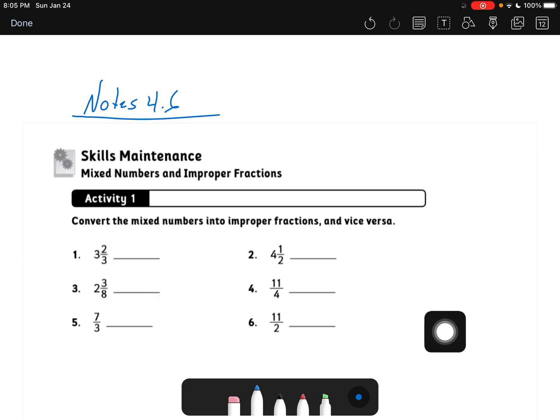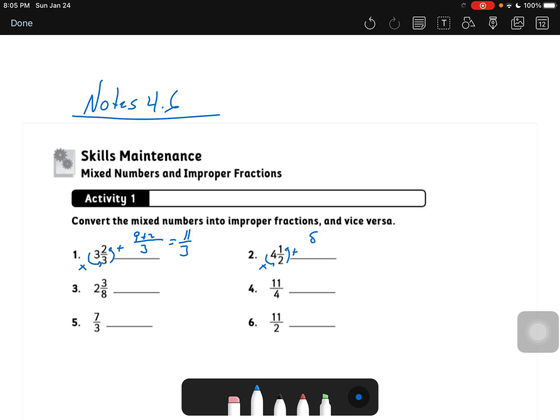So if you remember, when we were converting the improper fraction, we multiply here, and then we add the top number. So it's going to be 3 times 3, which is 9. And so then we'll have 9 plus 2, and then over 3. So that's going to be 11 thirds. Okay, and same thing here. 4 times 2, we're going to times there, and then we're going to add the top number.